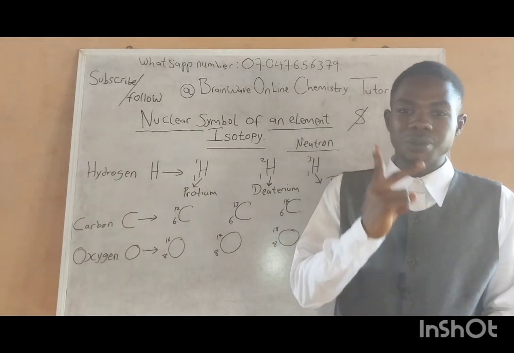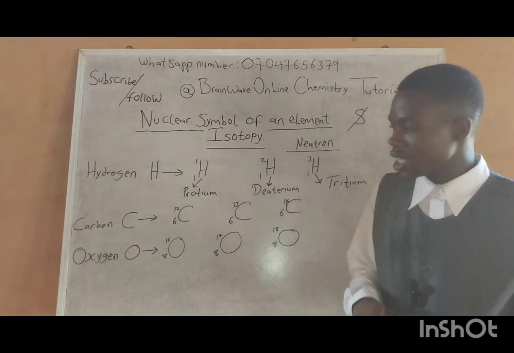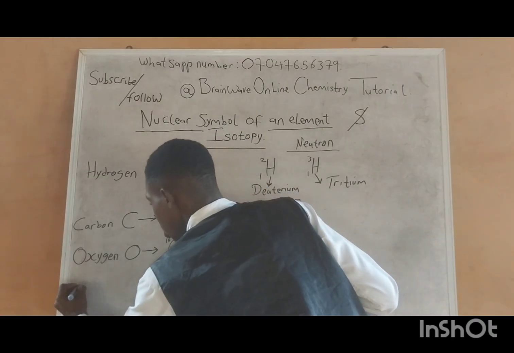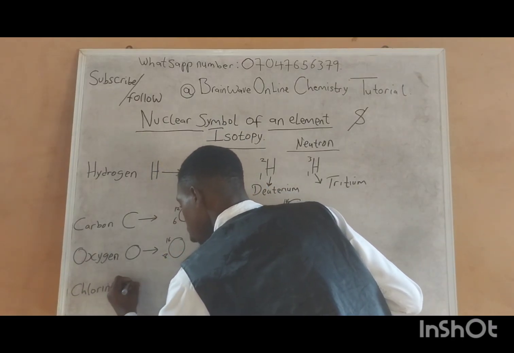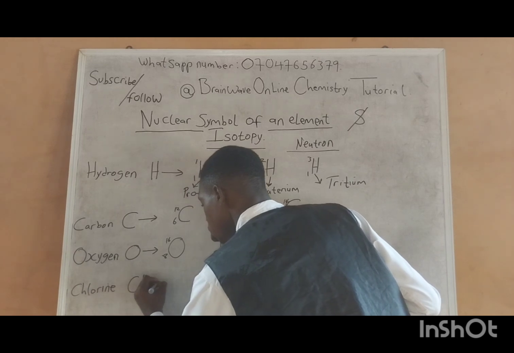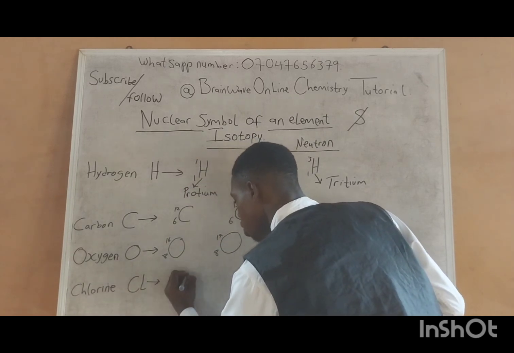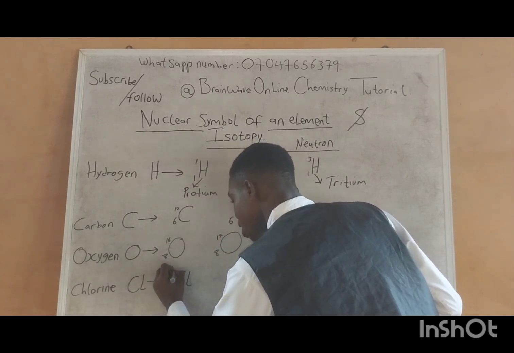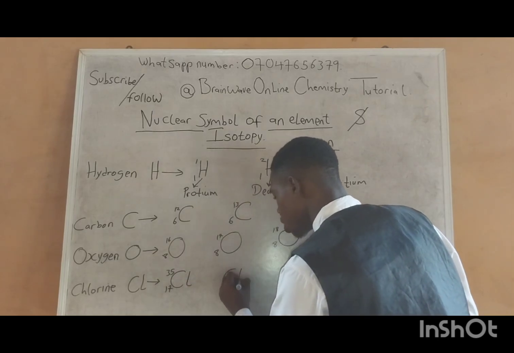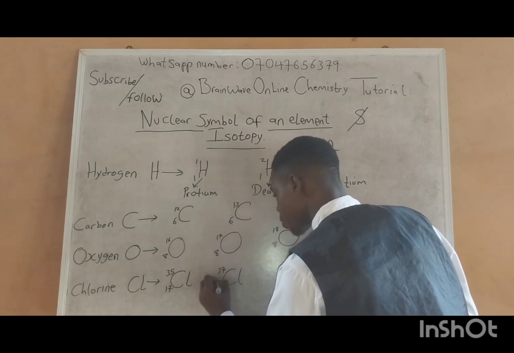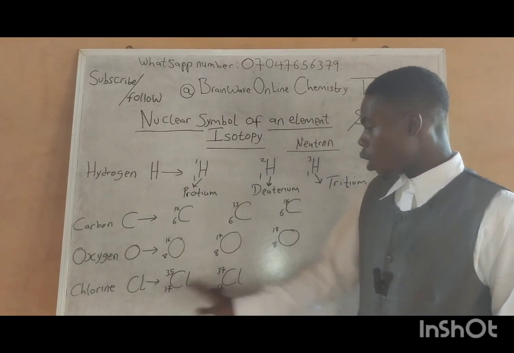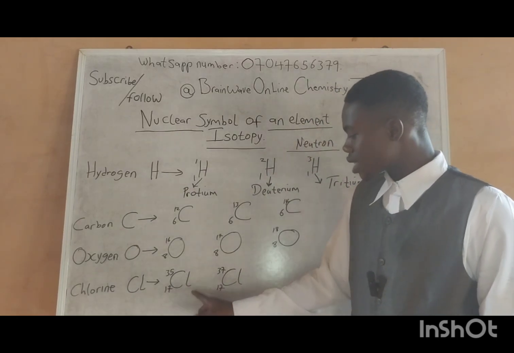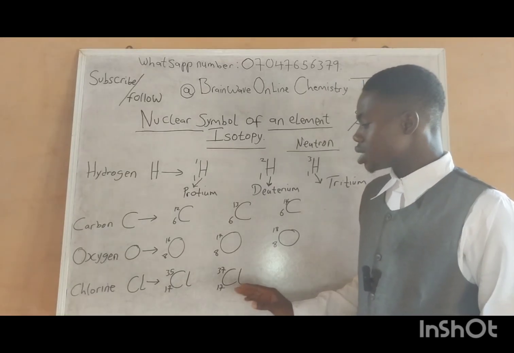Please take note that chlorine has 2 isotopes, and they include chlorine 35, 17, and chlorine 37, 17. So the two isotopes of chlorine are chlorine 35 and chlorine 37.